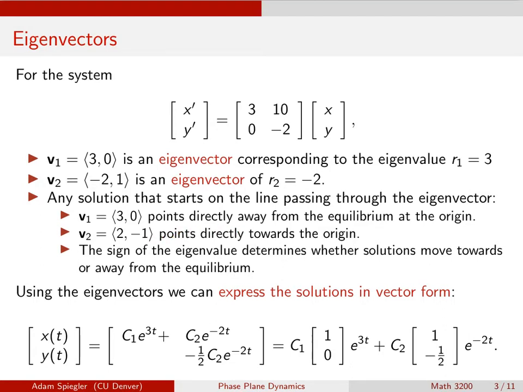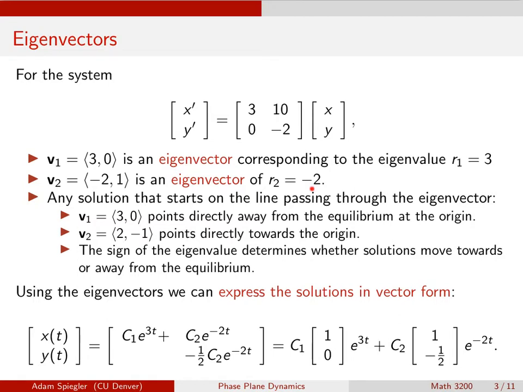So one observation that I want to make before we talk about more generally how we can find eigenvectors is that if the sign of an eigenvalue is positive, as in the case for the eigenvalue of 3, then the solutions on its corresponding eigenvector move away from the origin.